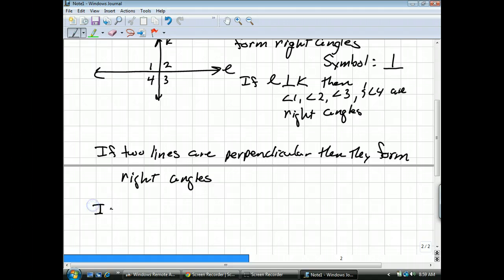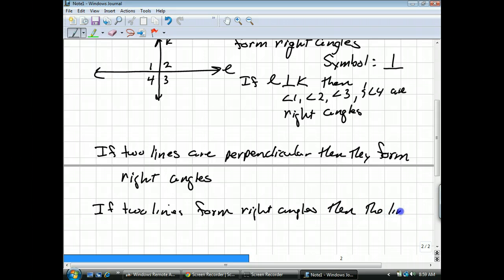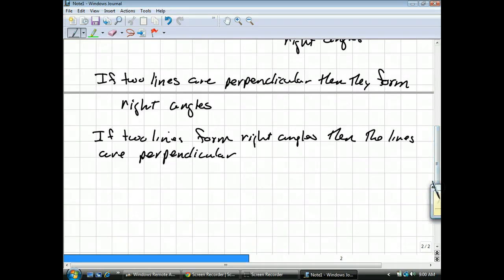And its converse would be: if two lines form right angles, then the lines are perpendicular. So we can say it as a biconditional: two lines are perpendicular if and only if they form right angles.